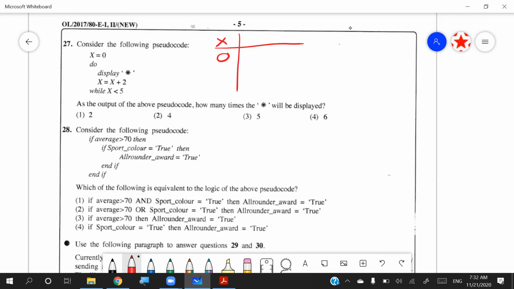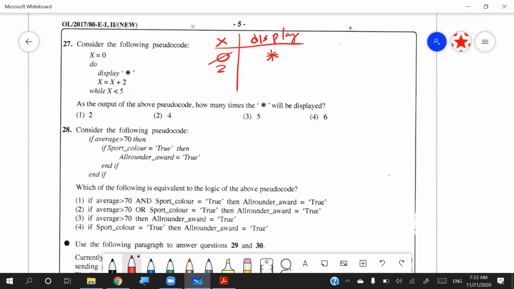So for the very first time, that can happen. Then if the condition is true, they will iterate. It doesn't matter whether while or do while, it always goes with the true part of the condition. So here it displays a star, and x is incremented by 2.